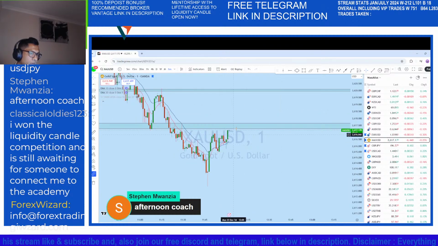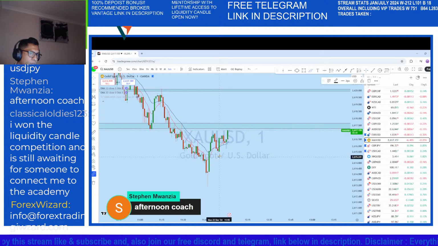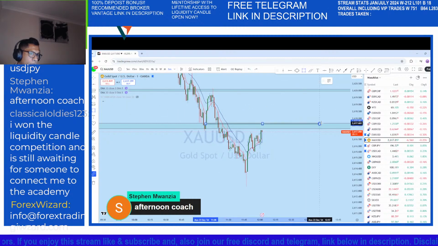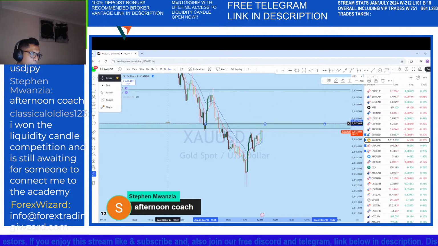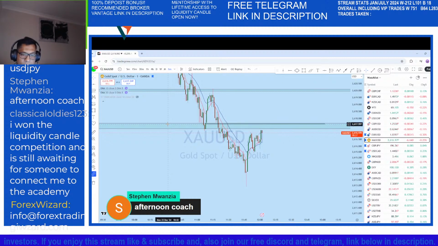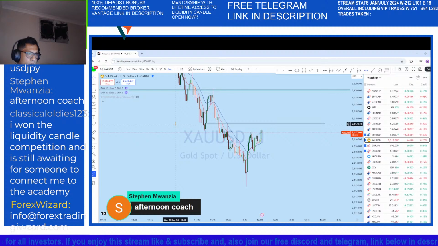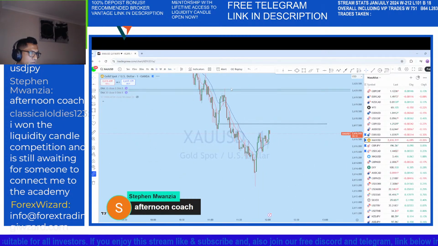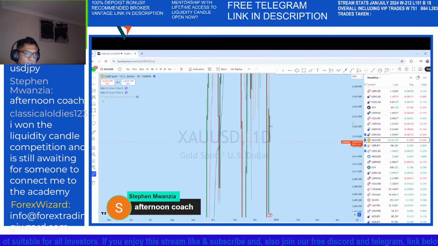Locally you can see the market is forming a series of higher lows. And let's see that from the daily.